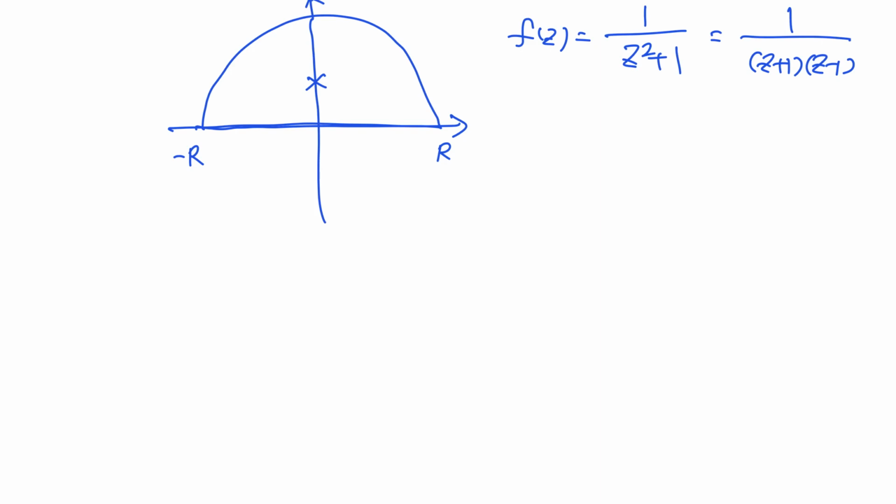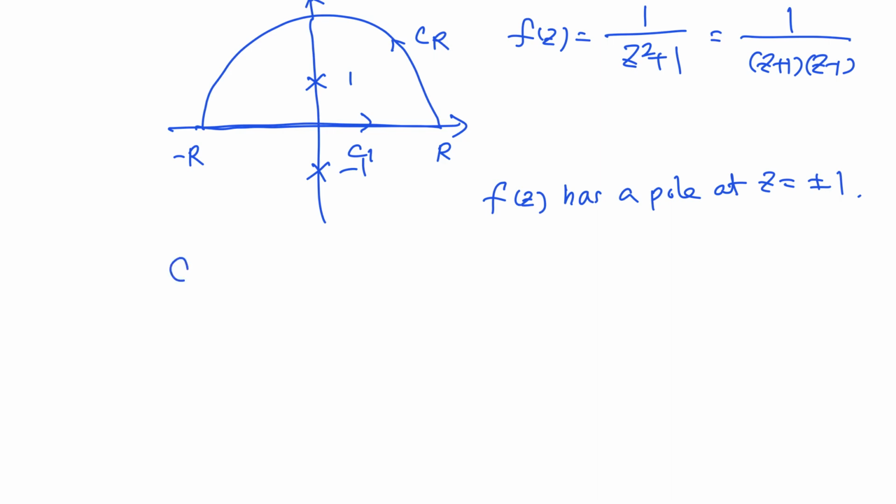We have a contour, right? So C is equal to C1 plus CR.